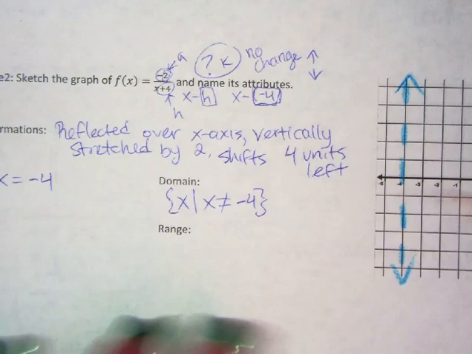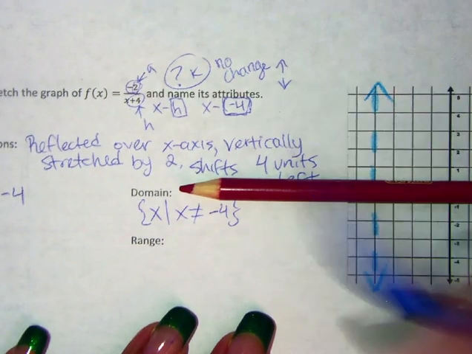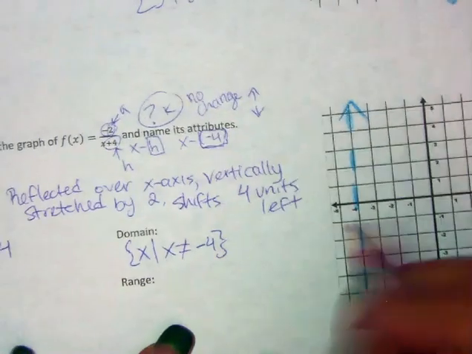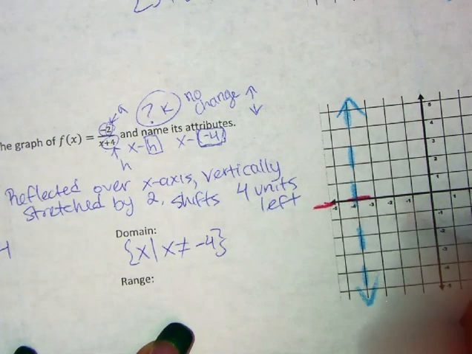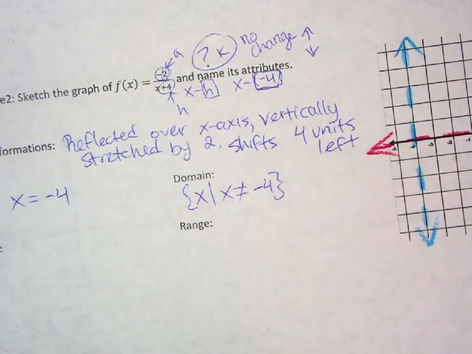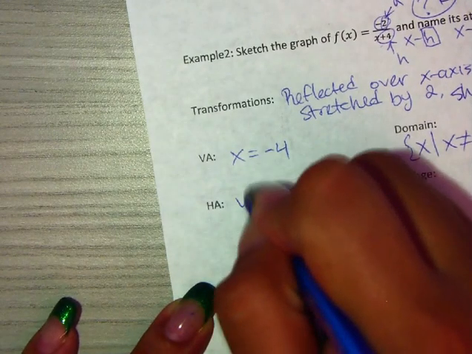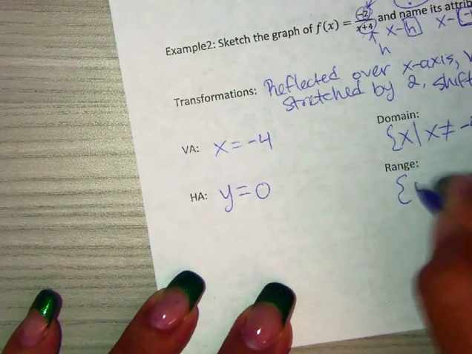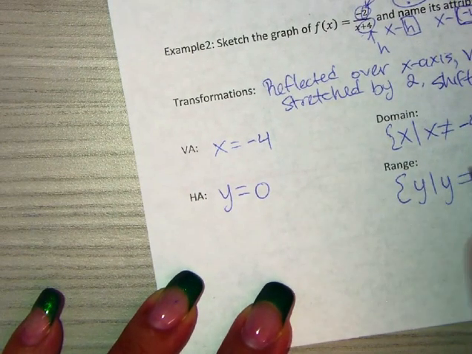And then our horizontal asymptote, as we mentioned earlier, there's no change up and down. Don't forget to sketch it. We are always going to have asymptotes. This is how the rational functions look. They have a vertical asymptote and a horizontal asymptote. But because it didn't move, we're just going to say 0, because that's where it is originally. y cannot equal 0.